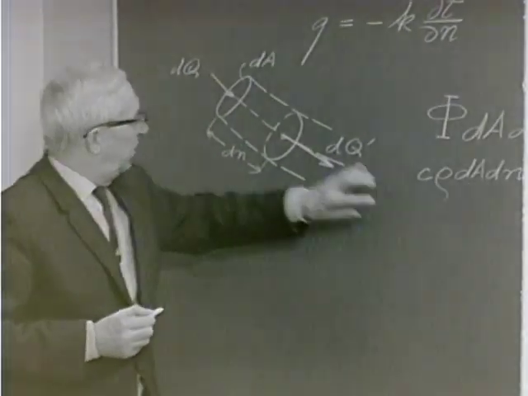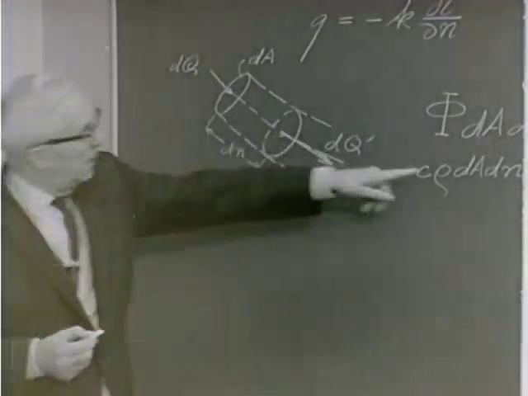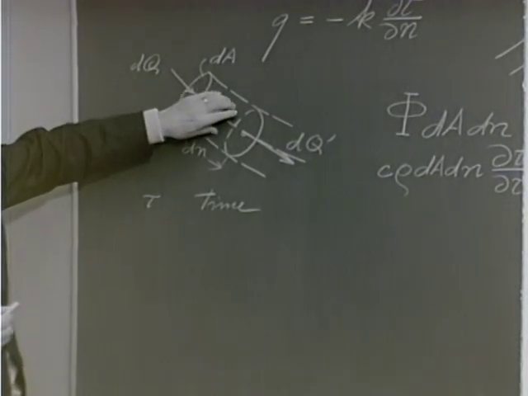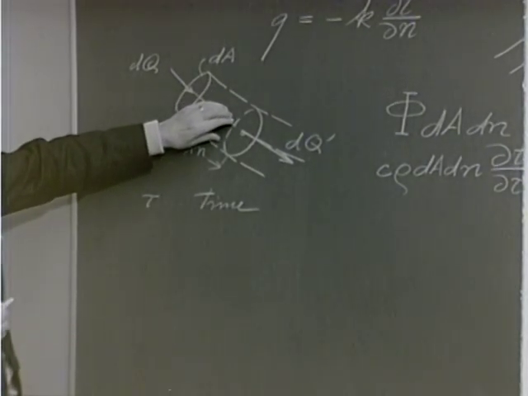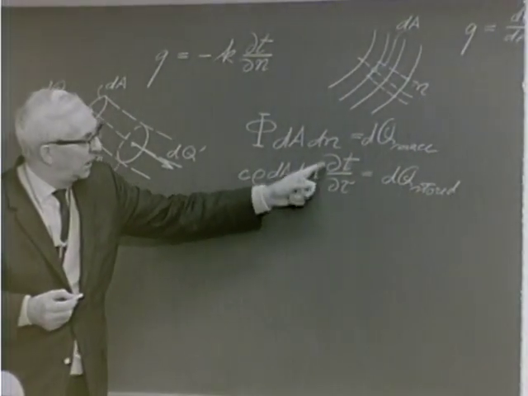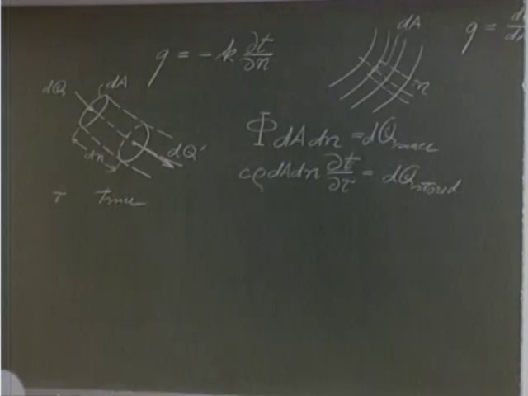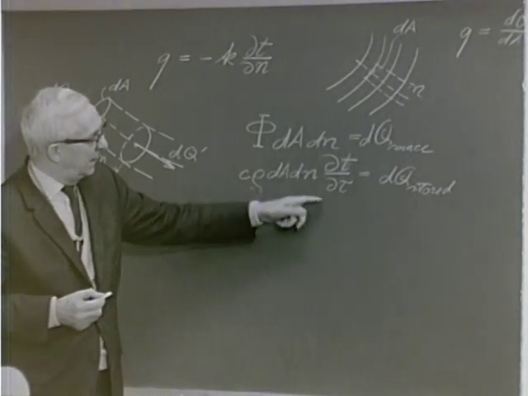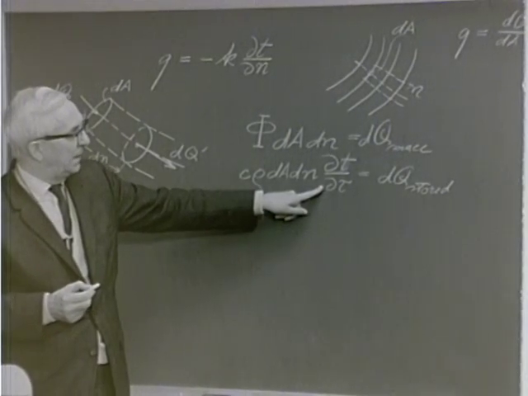And we want to know how the temperature changes per unit time in this fixed element. So therefore we say here we want to have the temperature change with time, but at a fixed location. And this is the fact which is indicated again by the partial differential sign.